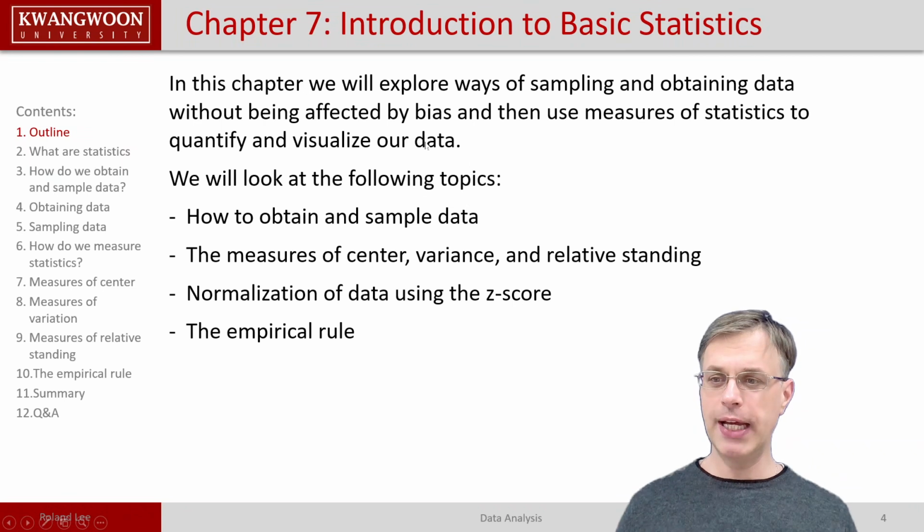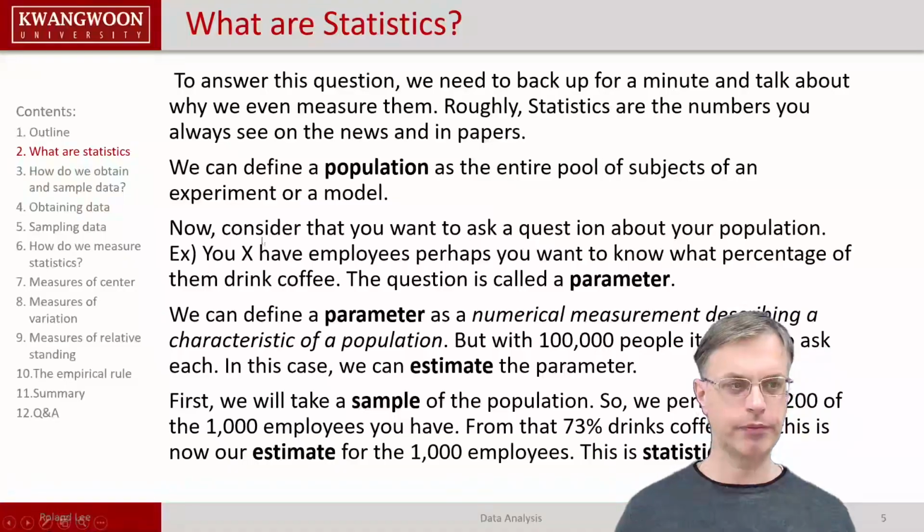What we looked at was how to obtain and sample data, then the measures of center, the variance, and the relative standing, and then normalization of data using the Z score. And we finished with the empirical rule. So let's take a very short view at it.